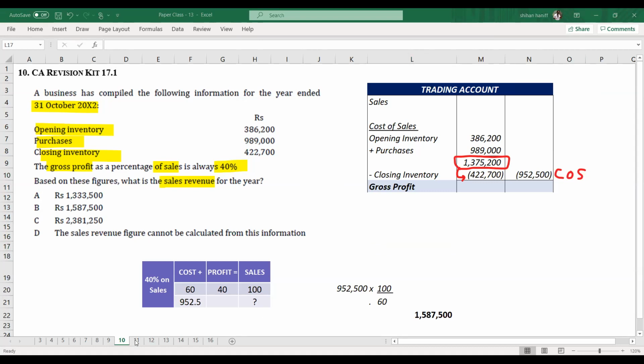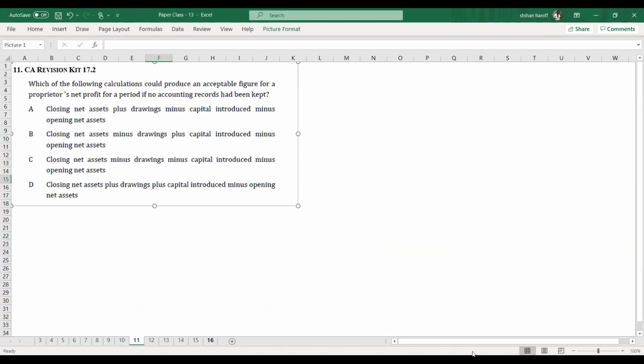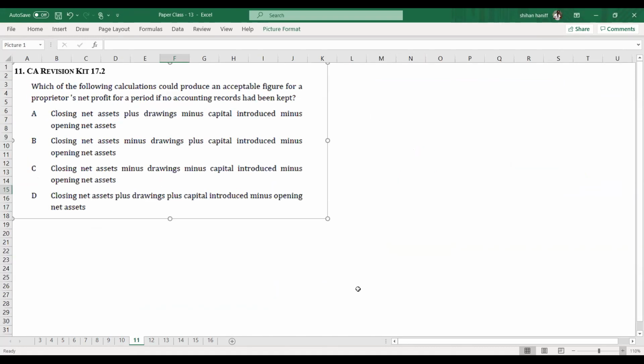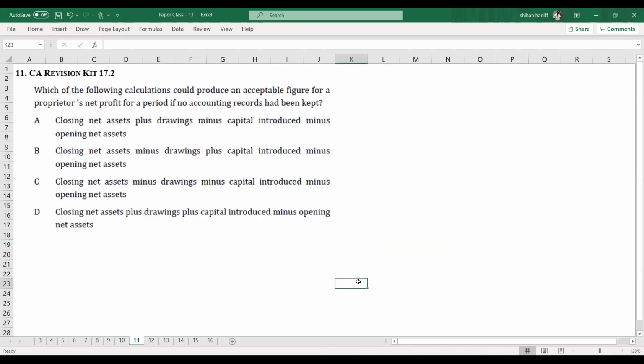Okay. Question number 11. Which of the following calculations could produce an acceptable figure for a proprietor's net profit for a period if no accounting records have been kept? Right. What is the profit calculation equation?